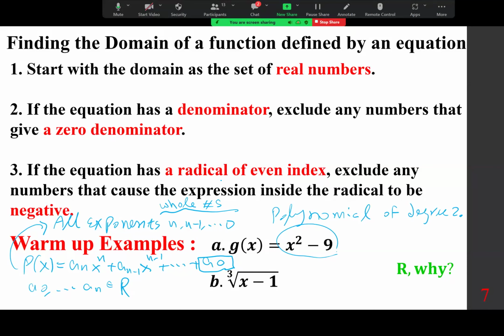So this is a polynomial of degree 2. And all polynomials have a domain which is all real numbers. What about this one? If you go back here, a radical of even index, the index is odd.